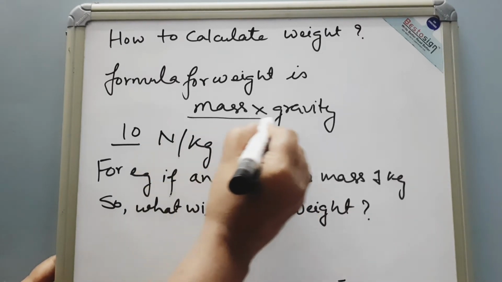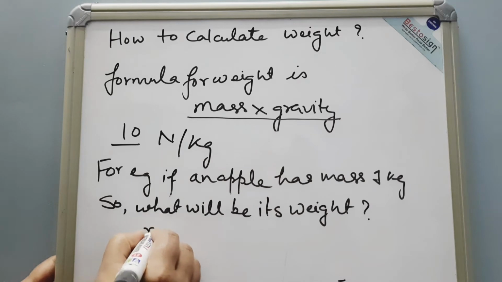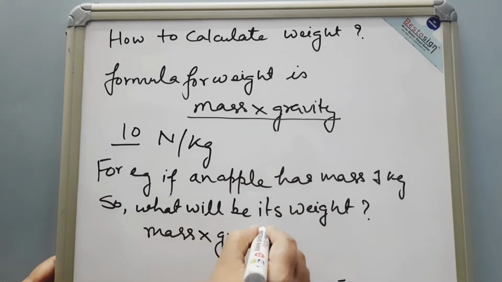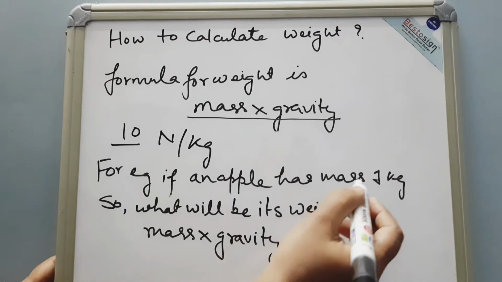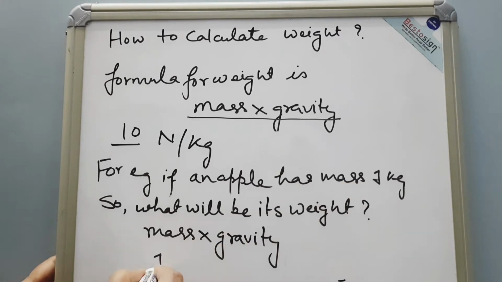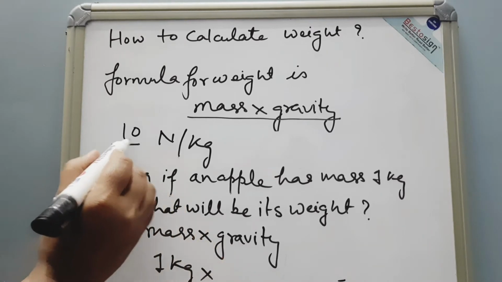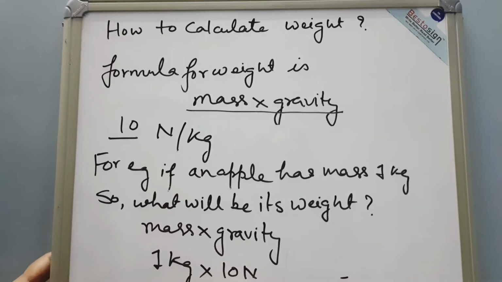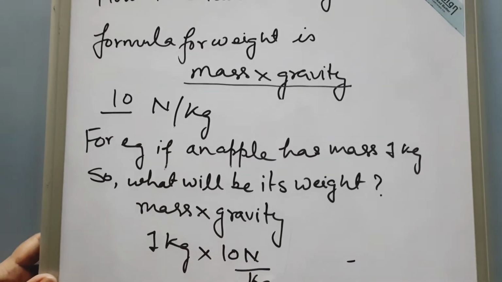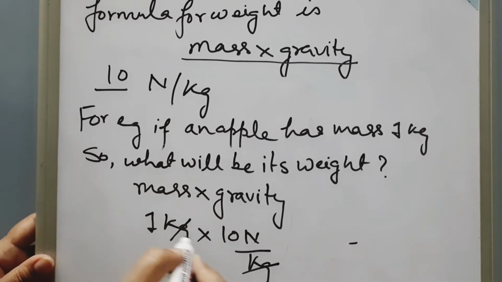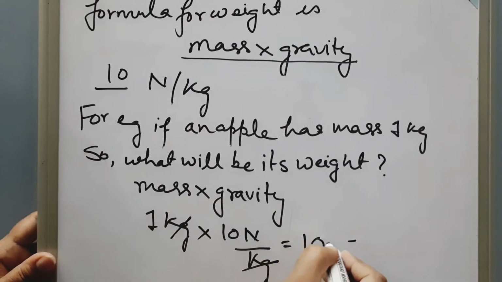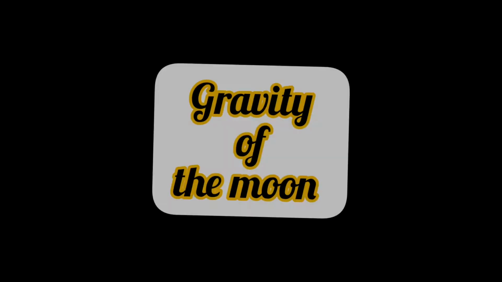As we have seen, the formula for weight is mass into gravity. Mass of apple is 1 kilogram, and we know that the value of gravity is 10 Newton per kg. 10 Newton per kilogram. Here kilogram and kilogram will get cancelled. So weight of this apple will be 10 Newton.